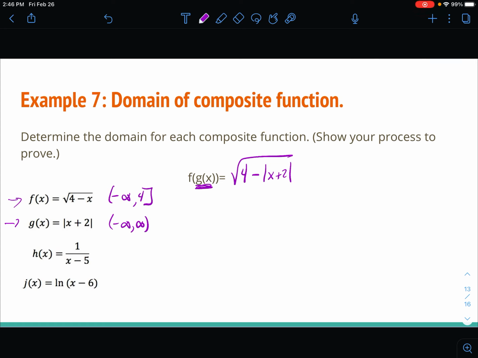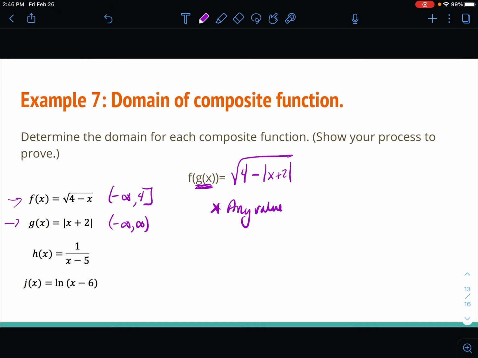Okay. So from here, what we can do is think about what values we are going to have an issue with. Remember, for this, we need to have the discriminant. Let's just say, let's do it this way.